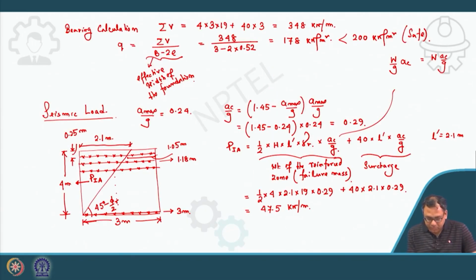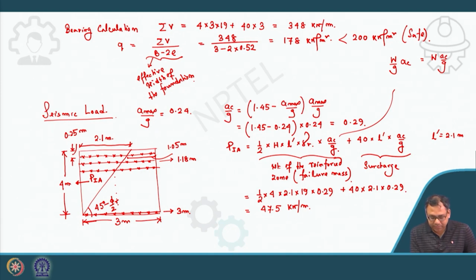So for the first layer it is 1.05, in terms of meter, 1.05. Total is 3 meter, and this area will be slightly less than 2.1, around 2.05. So this will be 1.95.